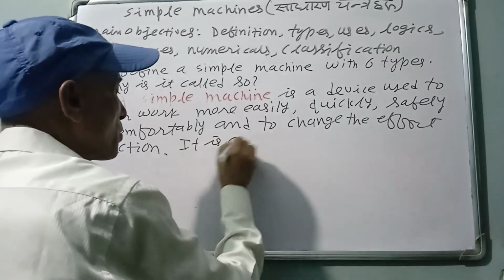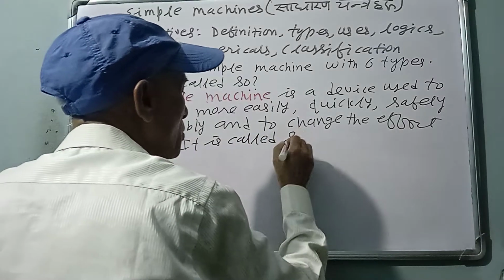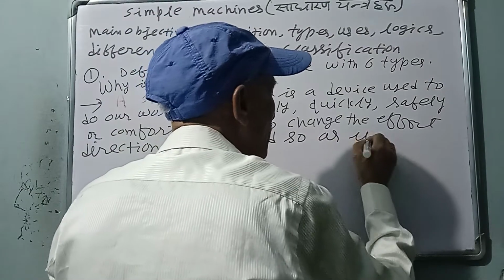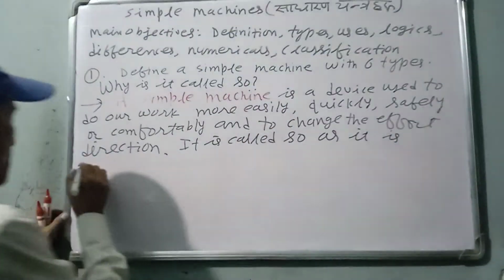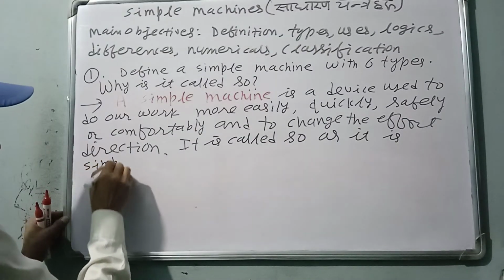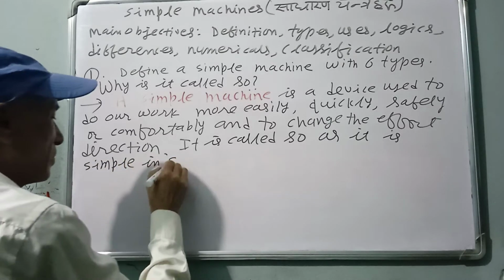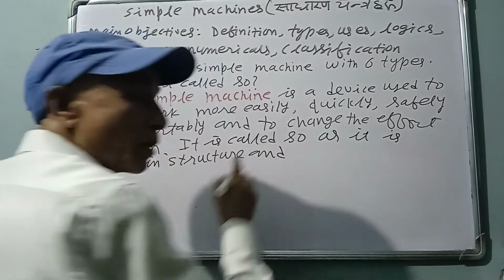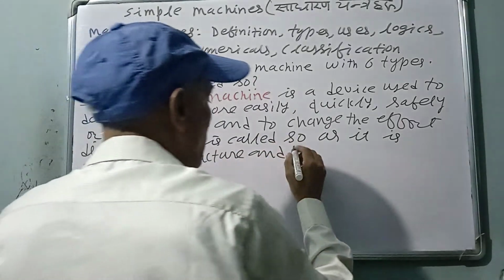It is called so. Called so means a simple machine is called a simple machine as it is simple in structure and function.